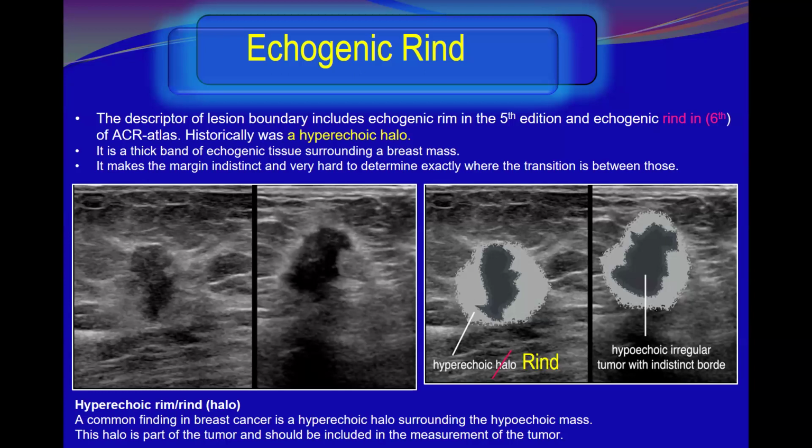In the 5th edition the corresponding descriptor changed to echogenic rim, and in the 5th edition it is echogenic rind. It is a thick band surrounding the mass, and it makes it hard to determine exactly the transition between the mass and the parenchyma.